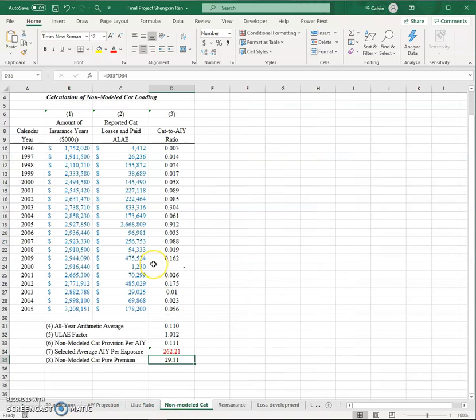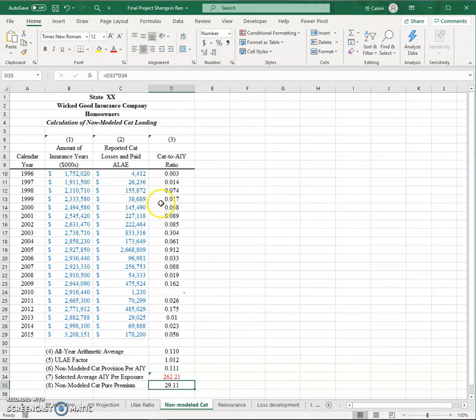And the next is non-modeled cat loading. Same here, the amount of insurance years are given, and reported cat loss and paid ALAE are given. So we need to figure out the cat to AIY ratio. It's quite the same.